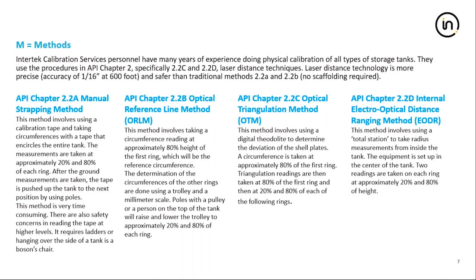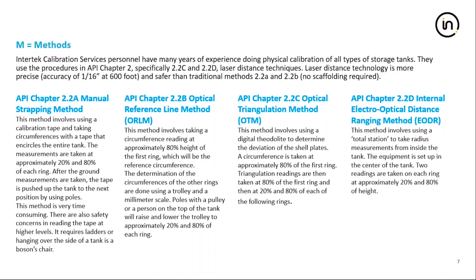And so what you have to bear in mind with methods 2.2a and 2.2b is that you are going to have to personally have someone going up and down the walls of the tank in order to move around the straps or move around the trolley that you use in method 2.2b in order to get the measurements that you require.